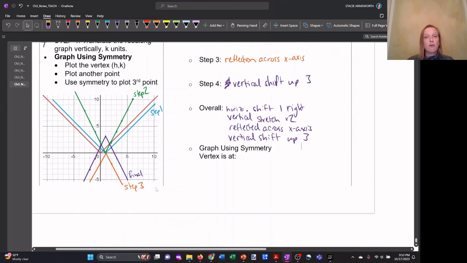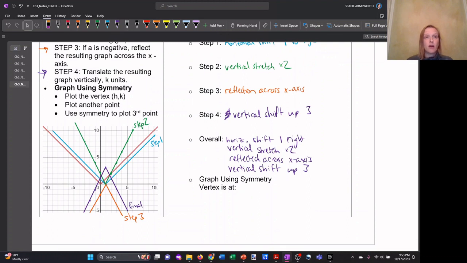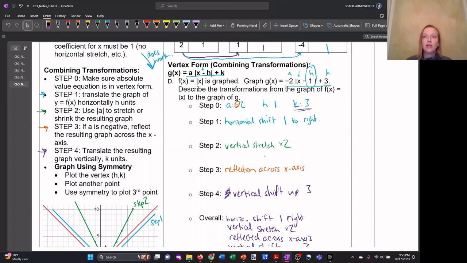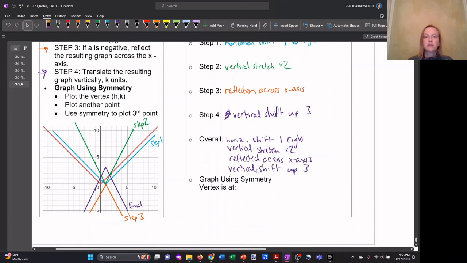Just so that we can describe this graph completely, we did this step by step. You can also graph these using symmetry. Because this is in vertex form, we can use our h value and our k value to find the point of the vertex.